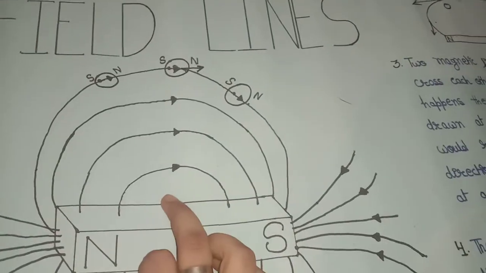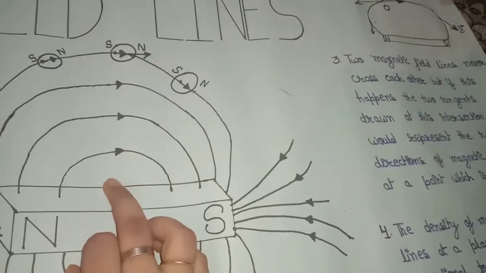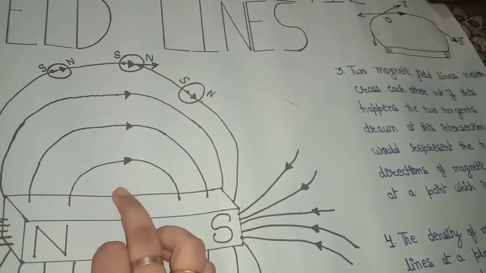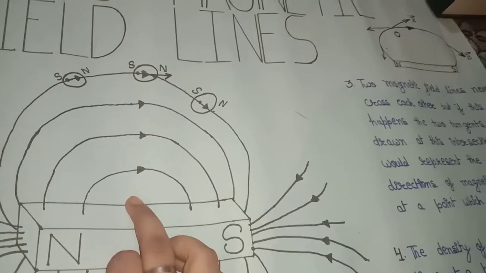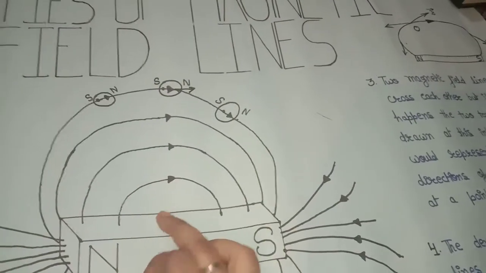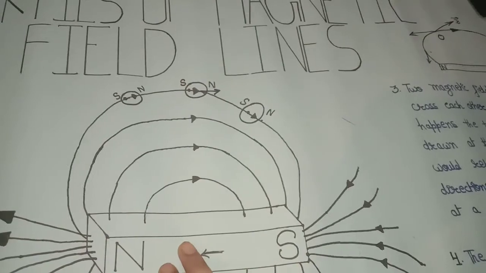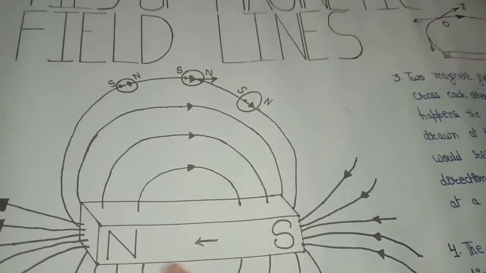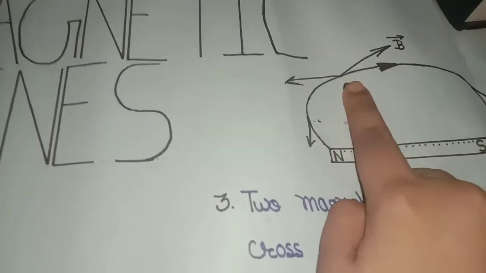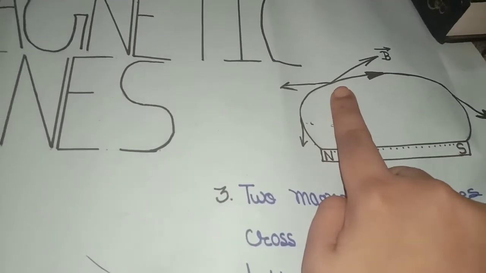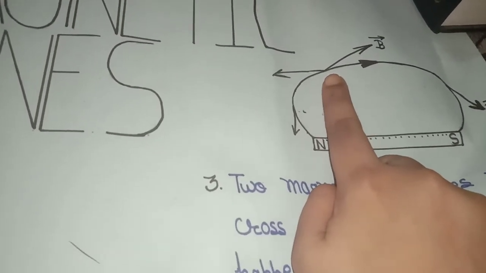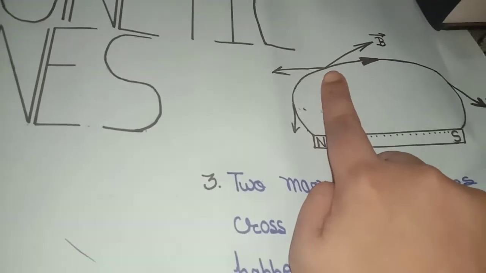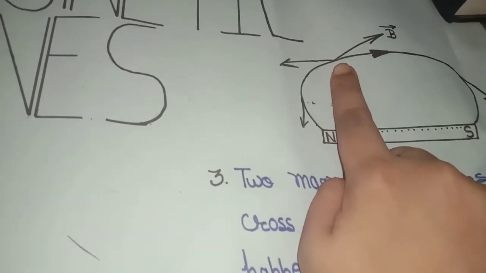The third point is, two magnetic field lines never cross each other, and if this happens, then the tangent would have to display two directions, which is impossible. Or when we put a magnetic compass over here, the needle in that compass would have to describe two directions for the magnetic field, which is impossible.